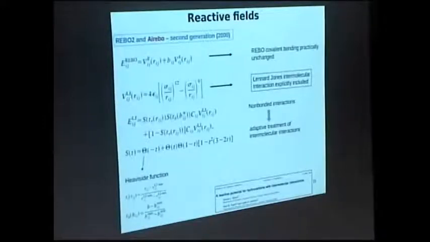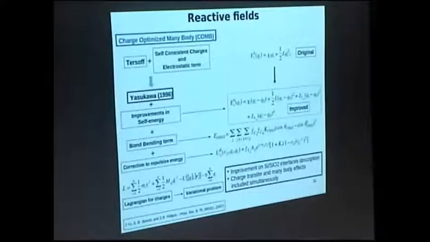We have this function S, where theta is the Heaviside step function, and it's a complicated function that controls the action of the Lennard-Jones potential. Okay, this would be the second generation.